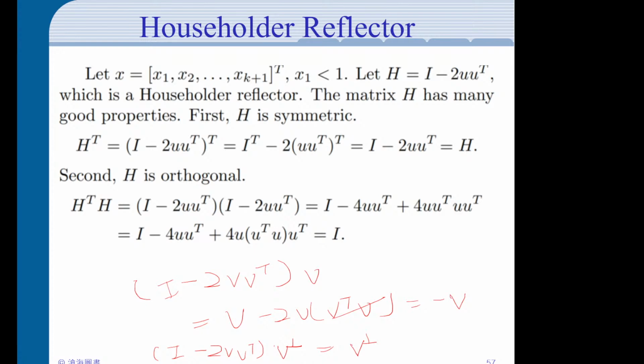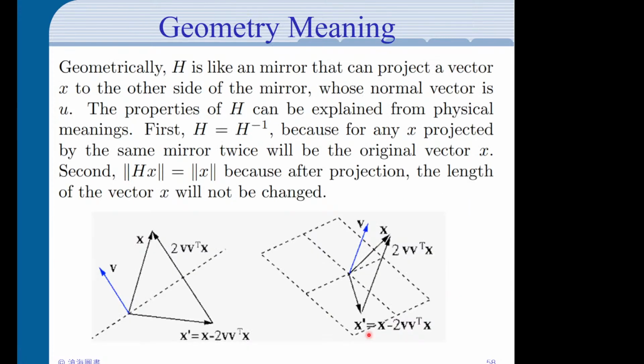So you see that V will get a minus sign when you apply this reflector matrix, and everything perpendicular stays the same. Geometrically, it looks like this. This is V, and you reflect around everything perpendicular to V. If a vector has this reflector matrix applied, its V component gets a minus sign and everything else stays the same.